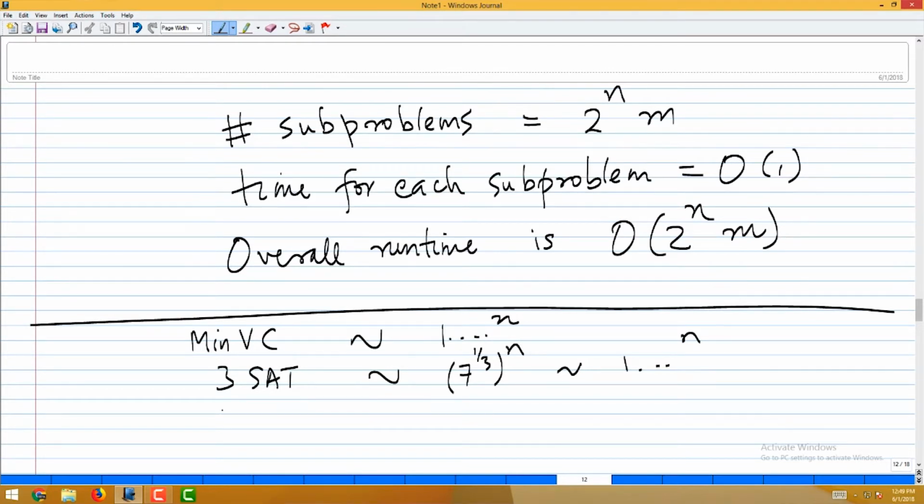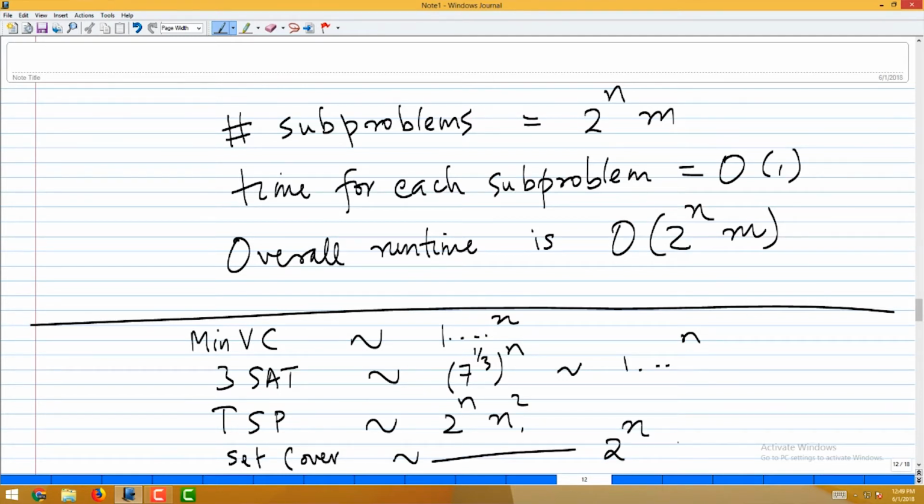For TSP, general TSP, we saw some 2 power n times n square, because the brute force here would be n factorial. And for set cover, the brute force is 2 power m, where m is the size of the family, but we have 2 power n, where n is the size of the universe, 2 power n times m.